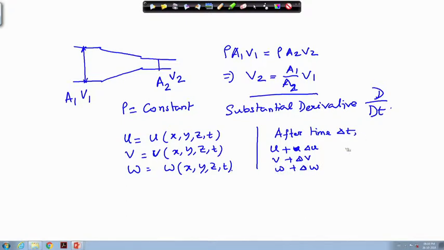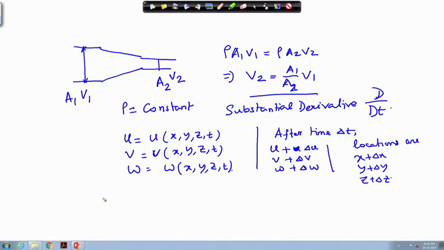These are the velocity components, and its locations are x plus delta x, y plus delta y and z plus delta z.